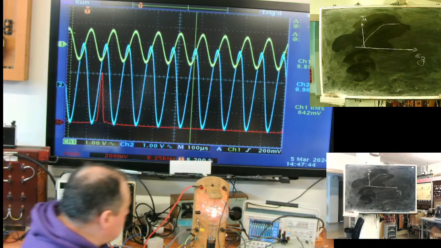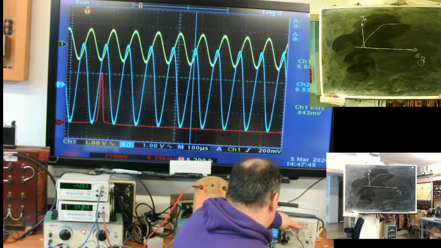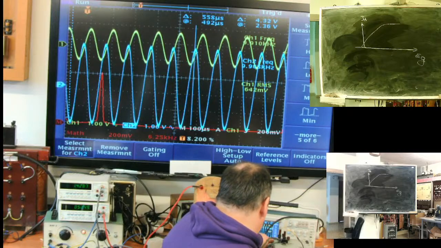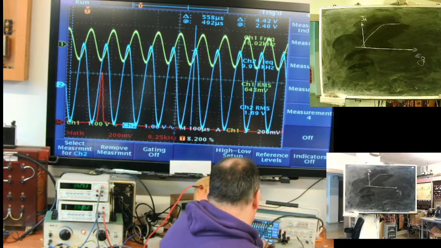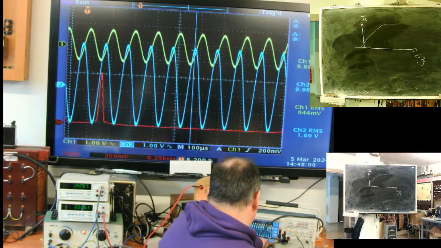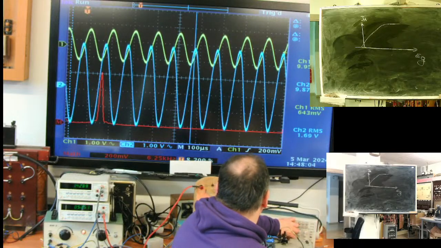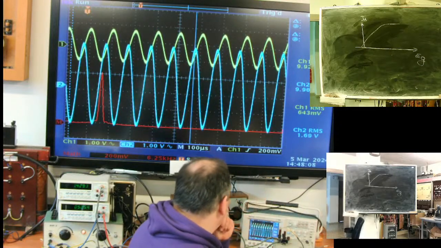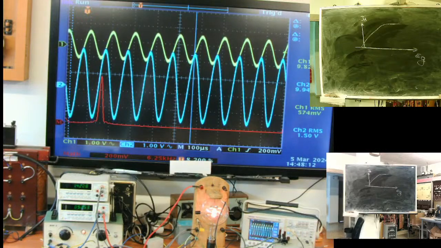I need to measure, isn't it? Measure, channel 2, RMS. Oh, no, please. Small, half a volt.